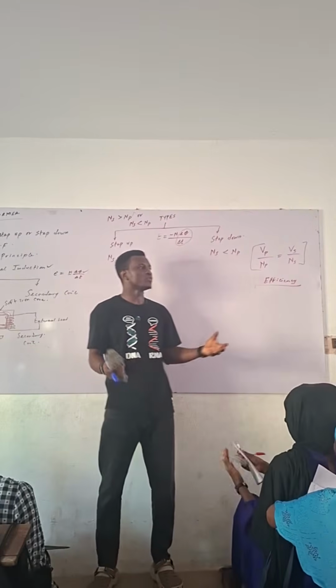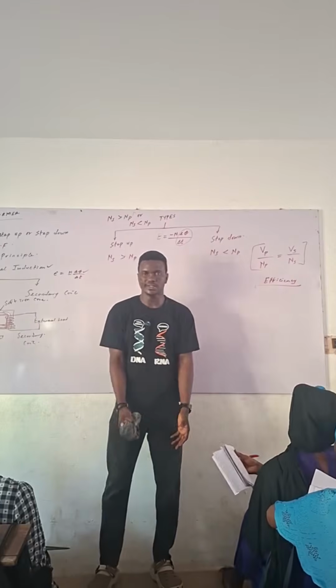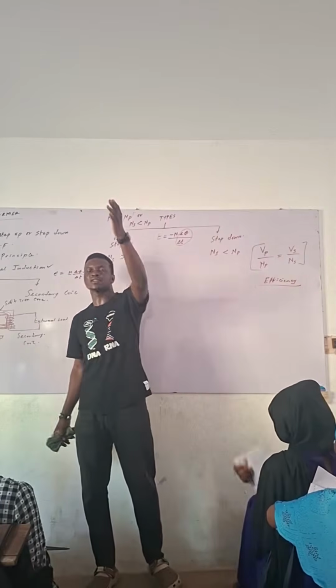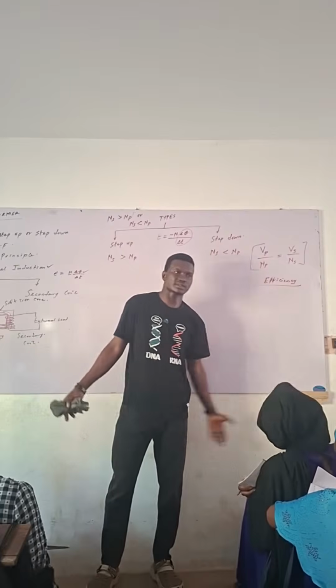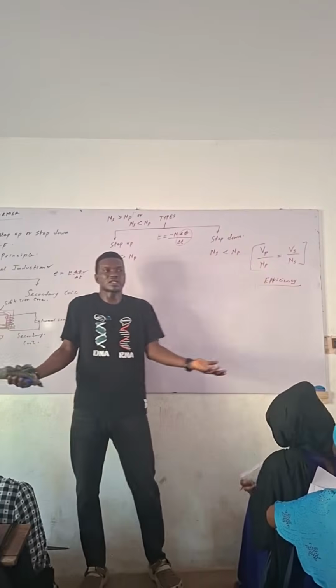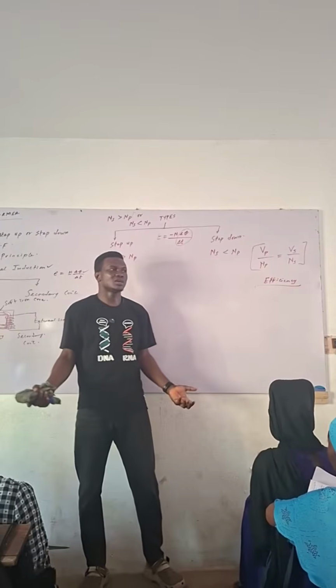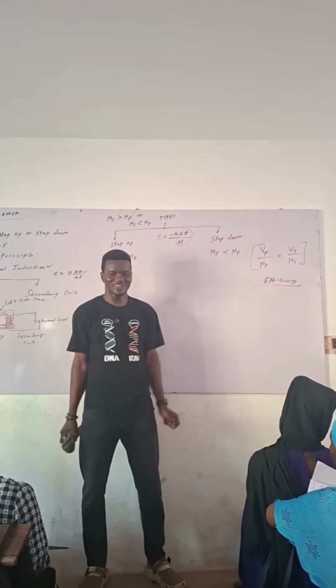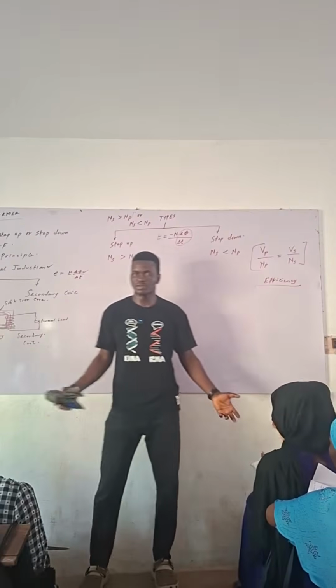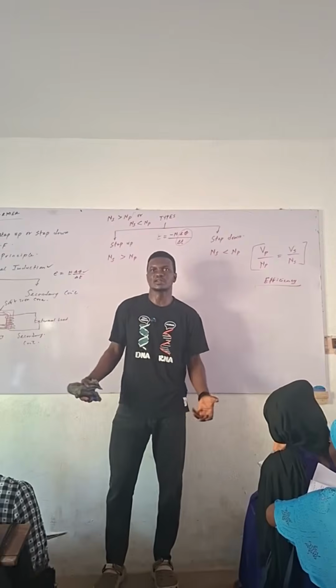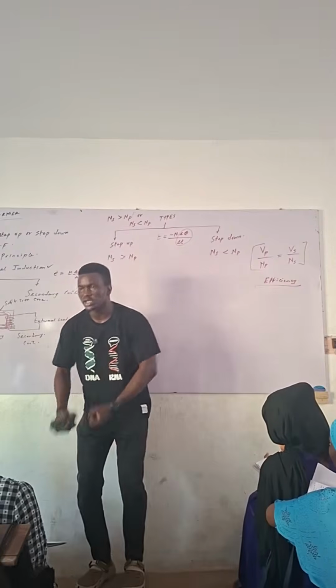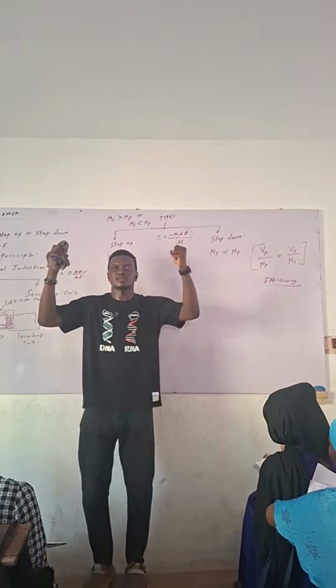If I ask some of you to carry blocks from here to that side, even though you might have the same strength, the same power, one of you might just think about it. Why is that one person struggling carrying one block? How can they have the same power?